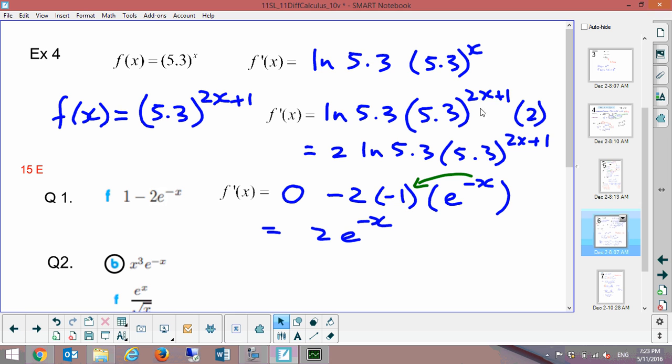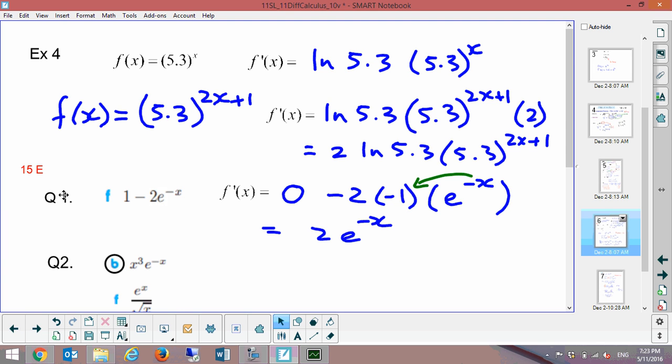So that bit stays the same, times ln of 5.3. But using the chain rule, we now need to differentiate this part, which is 2. So we've got to multiply by 2 as well. So the 2 comes out the front, and we end up with that expression for the derivative function. Note, you could put the 2 in there to make 5.3 squared, so it's remembering all your log rules.